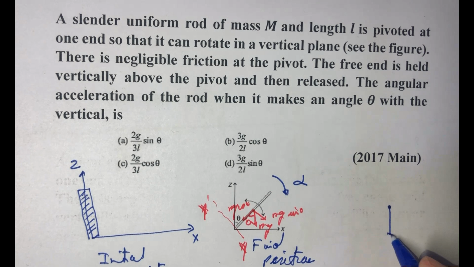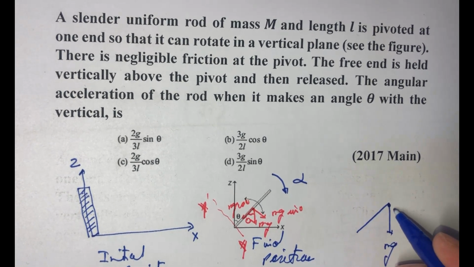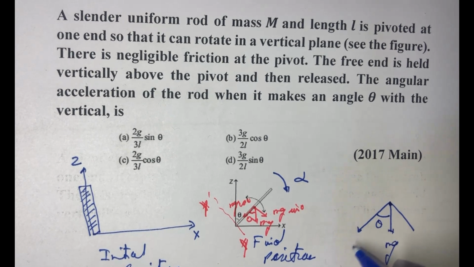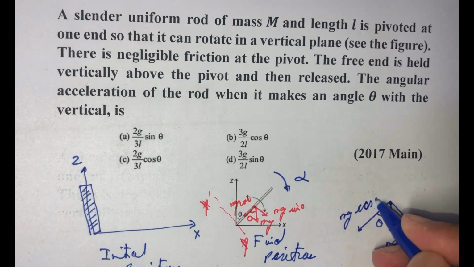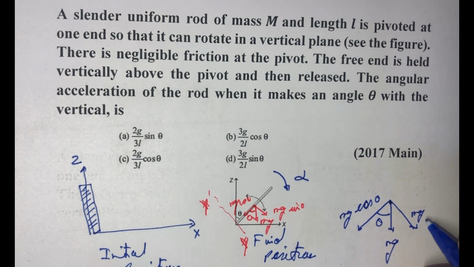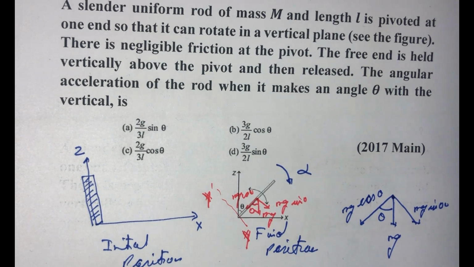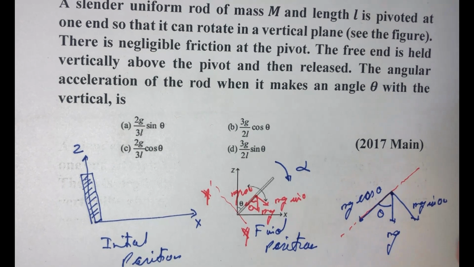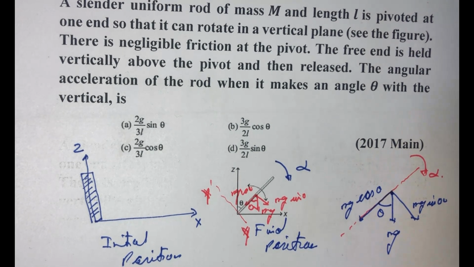Let me redraw it here again. So this is our mg, two components. This angle will be theta, so one is along the rod. This will be our mg cos of theta, and perpendicular to the rod, this will be mg sine of theta. So this is the rod basically, which is moving in this direction with angular acceleration of alpha.